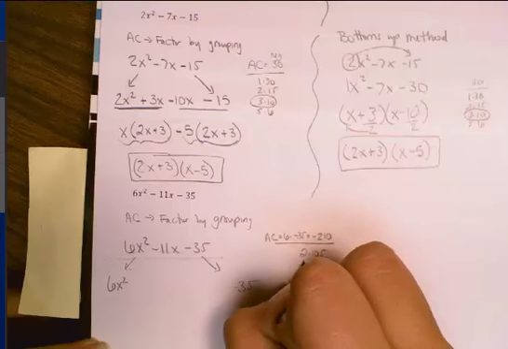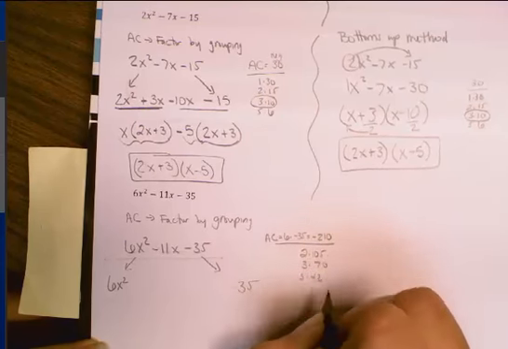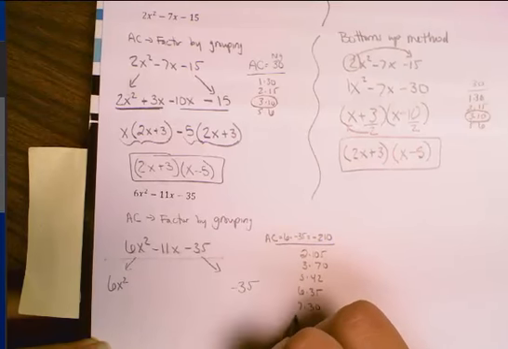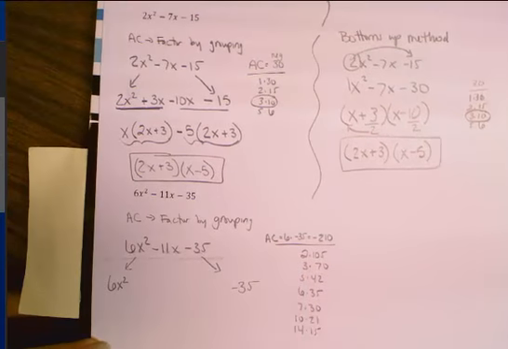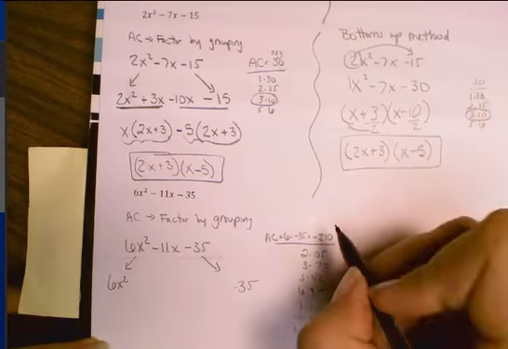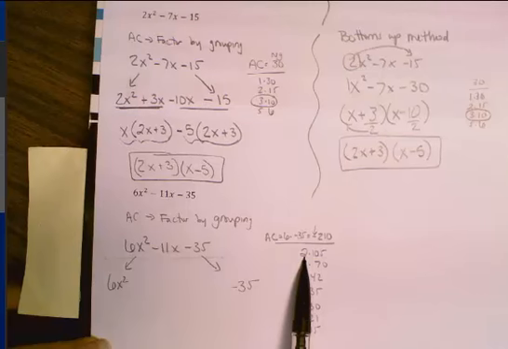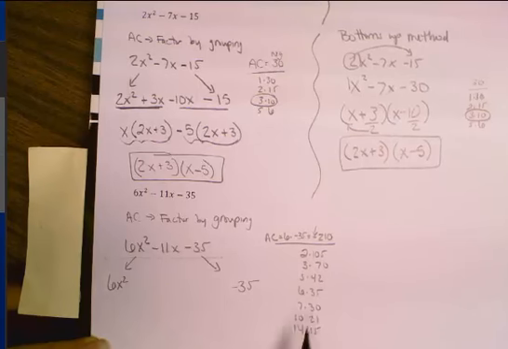So 2 times 105, 3 times 70, 5 times 42, 6 times 35, 7 times 30, 10 times 21, and 14 times 15. Okay, again, this right here is negative, meaning that either one of these numbers can be negative. So we can have a negative 2 times a positive 105, or the negative 105 times a positive 2.